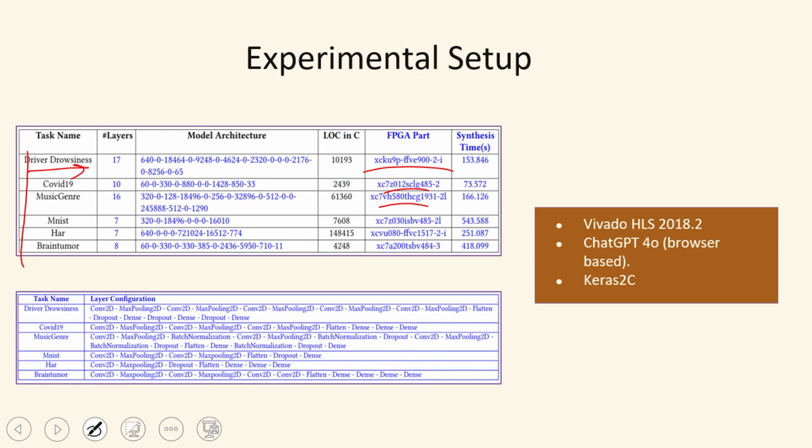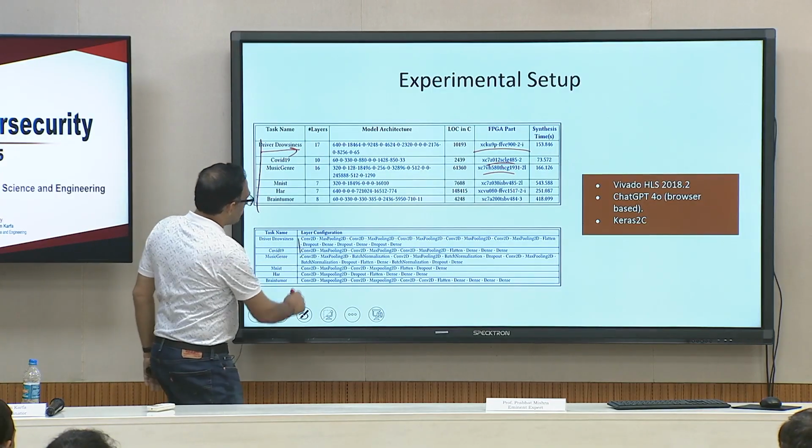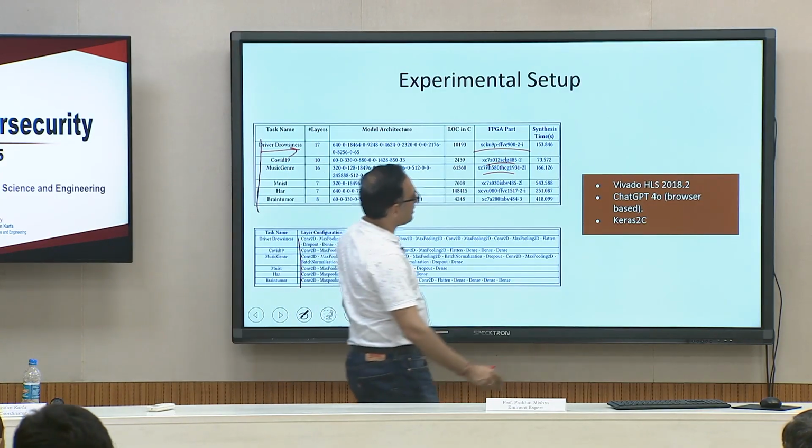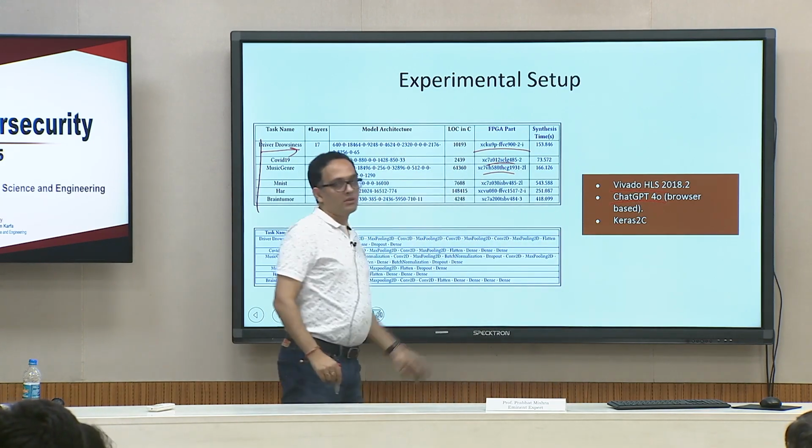So, it is kind of resource-constrained latency optimization, where I want to make sure that this design must fit into this FPGA board, and then you optimize the latency for that. Okay. This is the detail of the model which you can skip. We have used the Vivado HLS high level synthesis tool and ChatGPT 4 for the LLM. Okay.